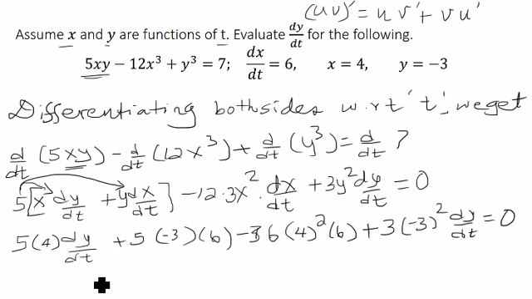So if I add the terms containing dy/dt, I have a 20 here, and then I have 3 squared, which is a 9, with the negative being squared, that's a positive 9 times 3 is 27. 27 plus 20 is going to be 47 dy/dt.